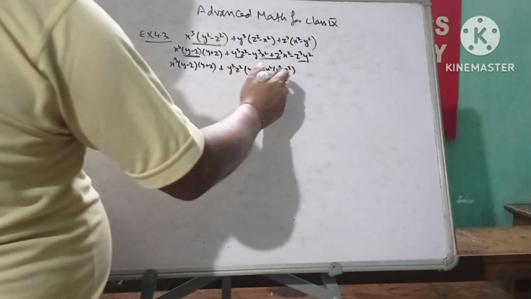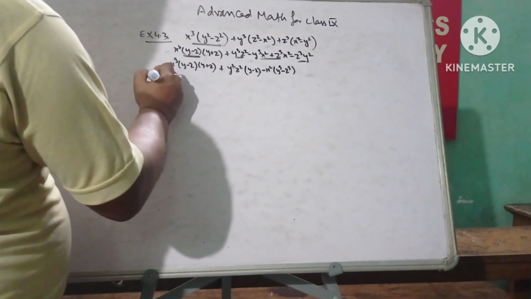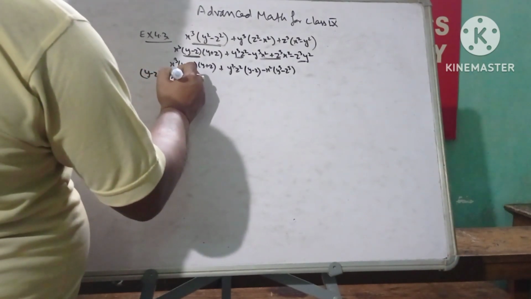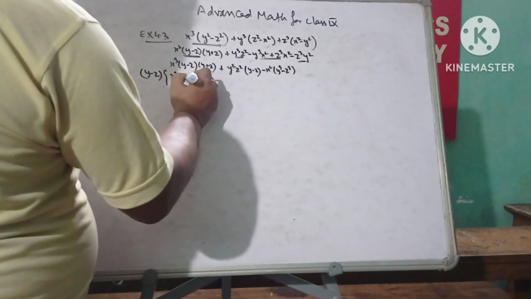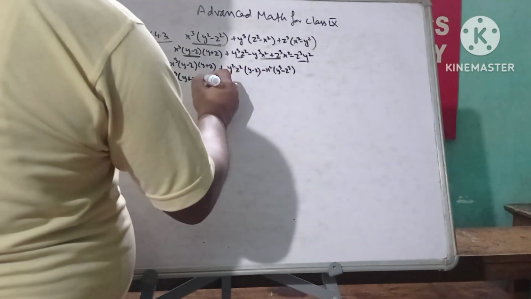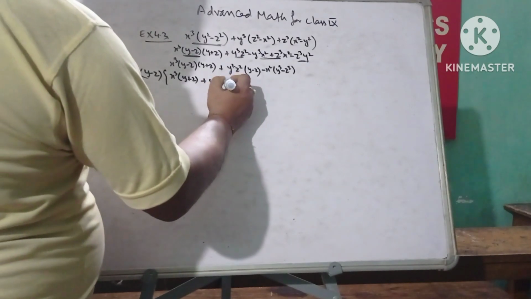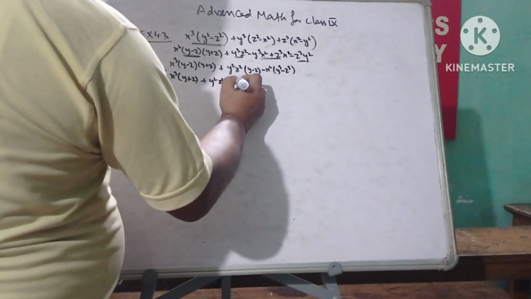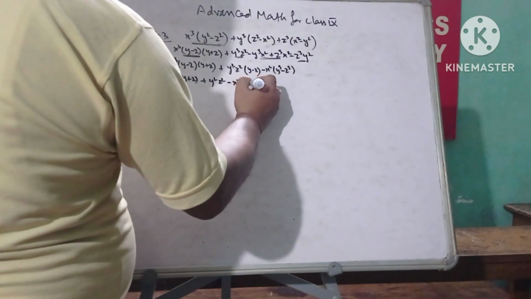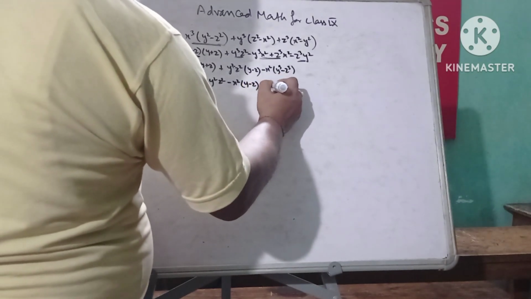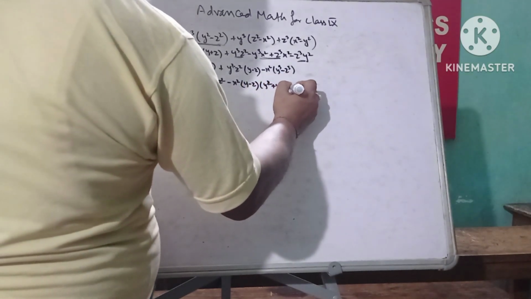Now I am going to take y minus z as common, so here this will remain as x cube times y plus z, and here this will be y square z square minus x square, and again y minus z, y square plus yz plus z square.